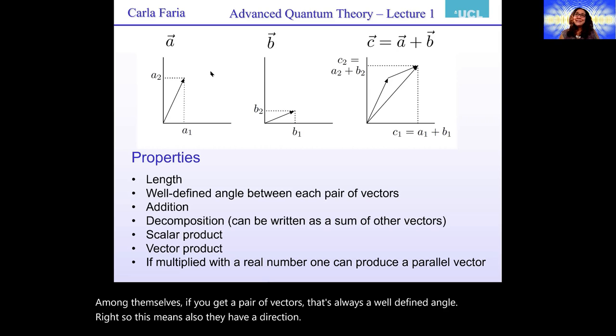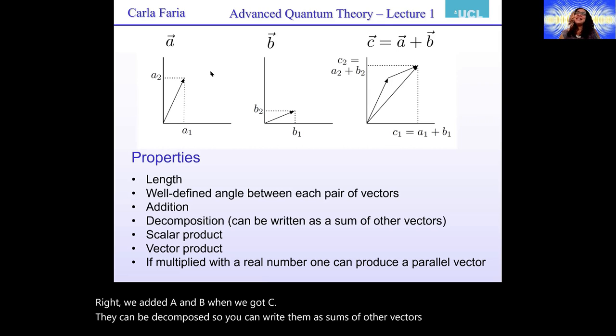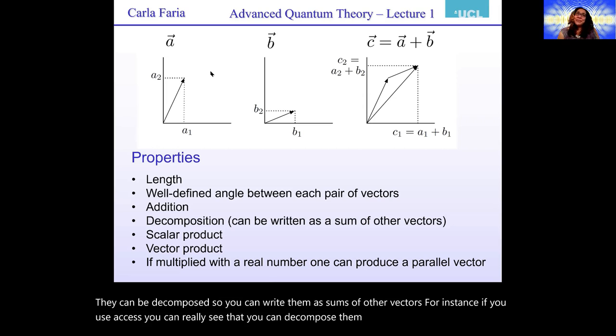Also, they can be added, right? We added A and B when we got C. They can be decomposed, so you can write them as sums of other vectors. For instance, if you use x's, you can really see that you can decompose them into sets of coordinates. They have a scalar product.